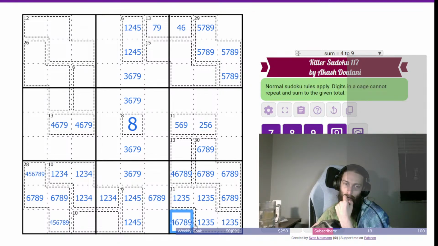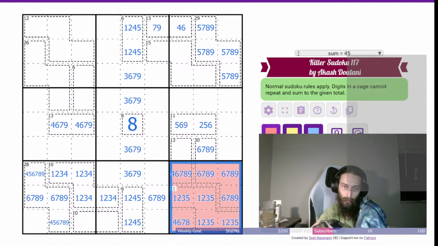That's 9. Well, this one can't be 9. Because if this was 9, then that would be 4. Normally I can do this, but it's going to be X amount more or less than those two up there, and I can't.